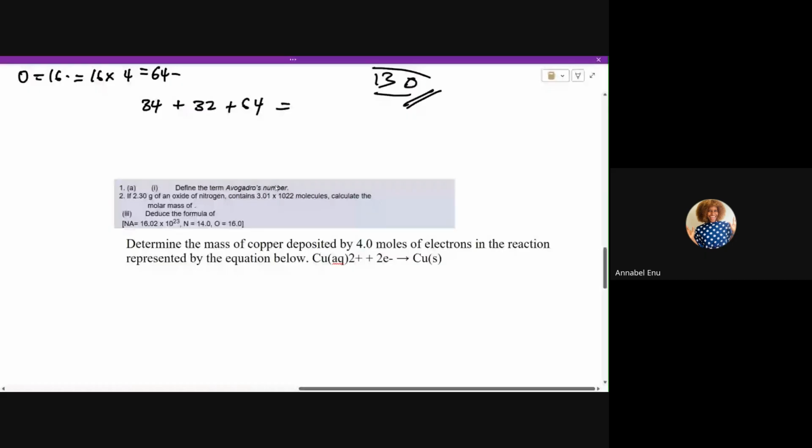We already defined what Avogadro's number is, as the number of particles in 1 mole of a substance. One of you has already said that.